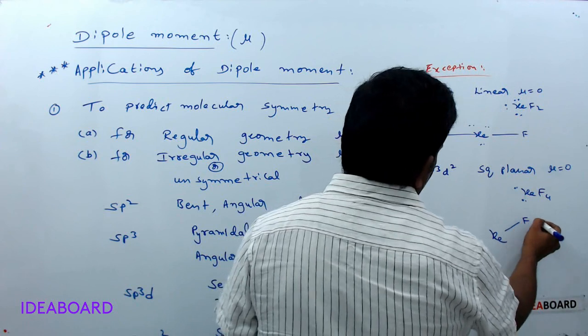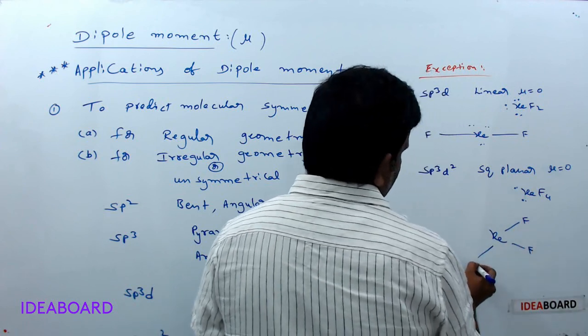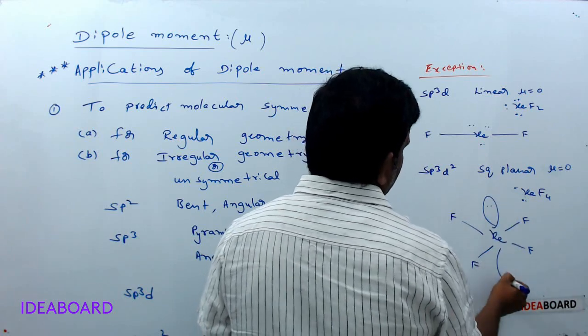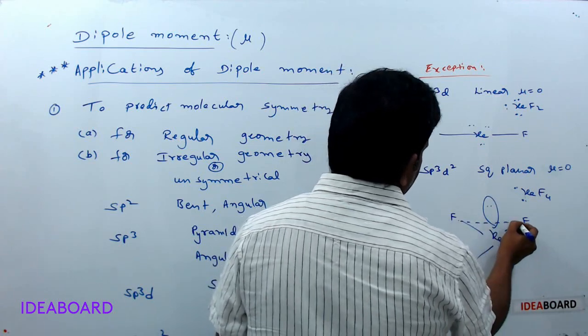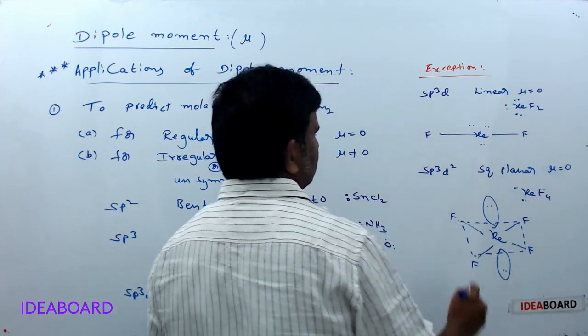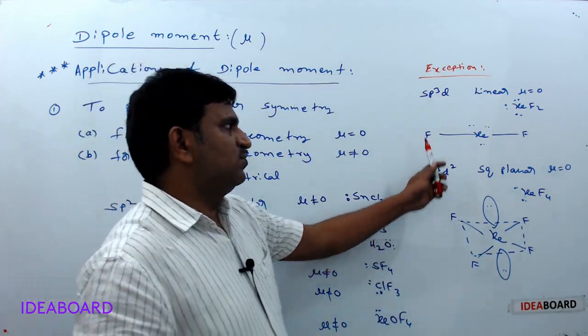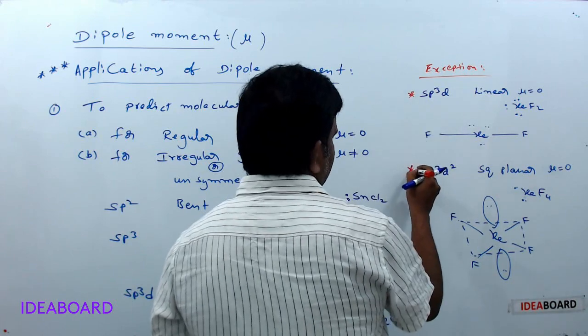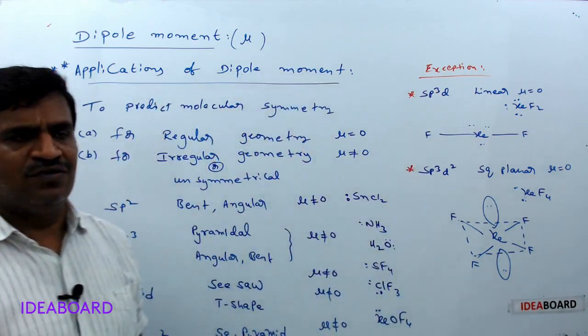We can write it like this. This is the XeF4 molecule. Two lone pairs are present, and these are present in one plane. So these two examples, even though they contain lone pairs, have dipole moment equal to 0.